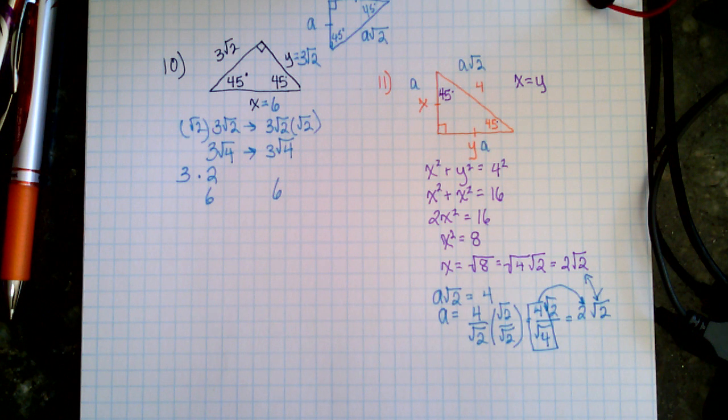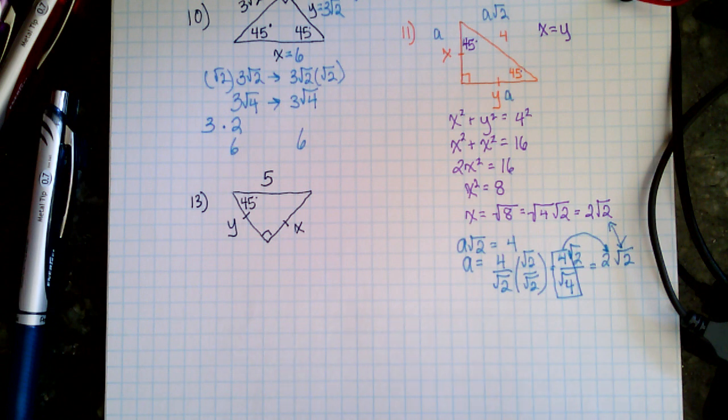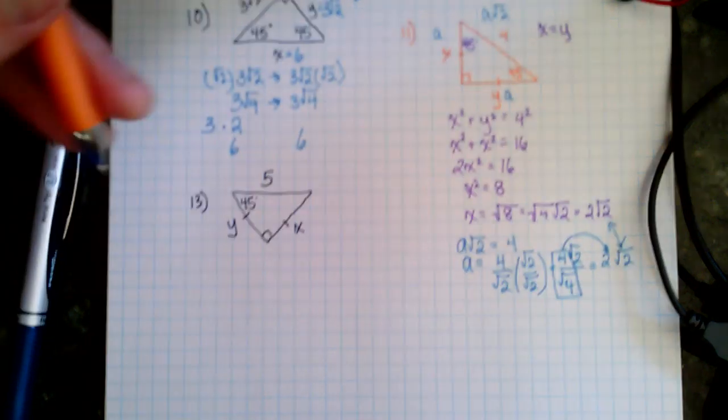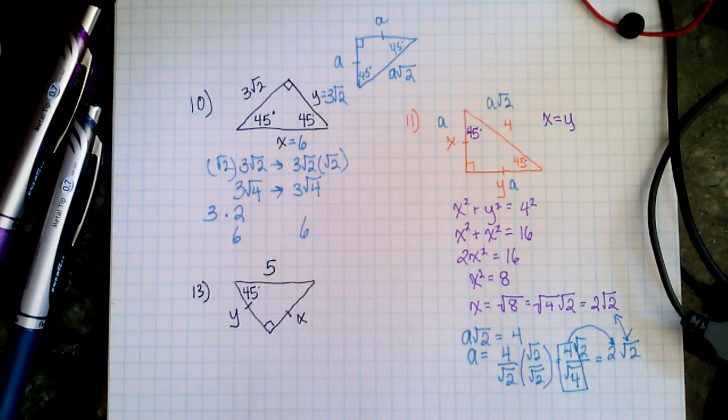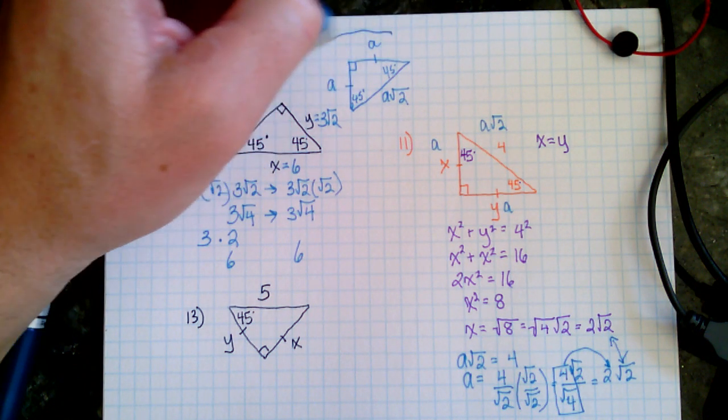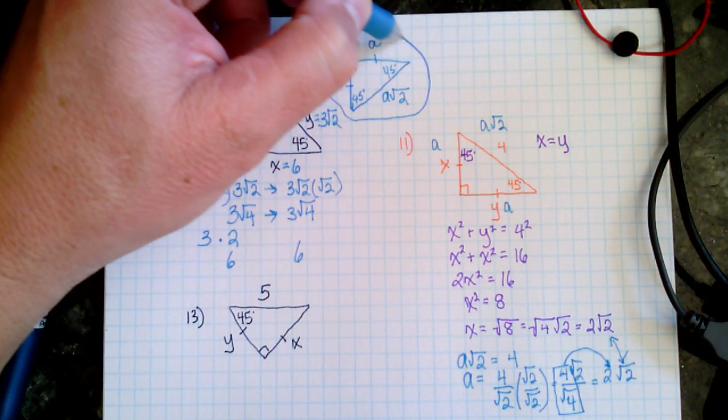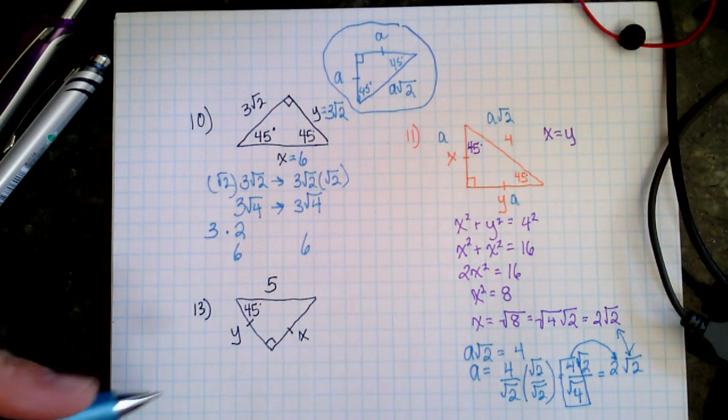12 is identical to 10, same exact process, different numbers. And then finally, for problem number 13, if you superimpose the template up top here for the 45, 45, 90, this is kind of the key to everything with these, to understand that template.